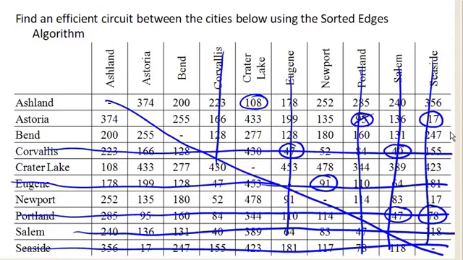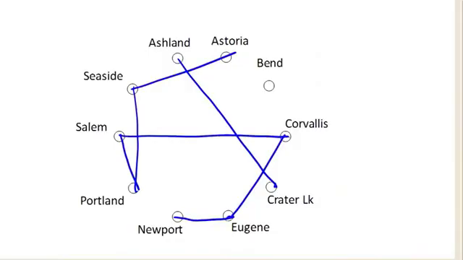And the next cheapest is, I think, Newport to Astoria here. Now this one's kind of tricky, right? Notice why we would not want to add this. It's kind of hard to see, but it would create a mini circuit here that does not include all the vertices. So we're not going to include Newport to Astoria here.